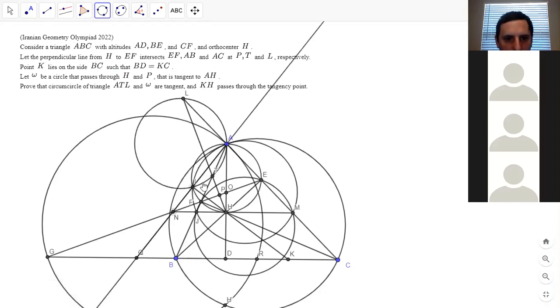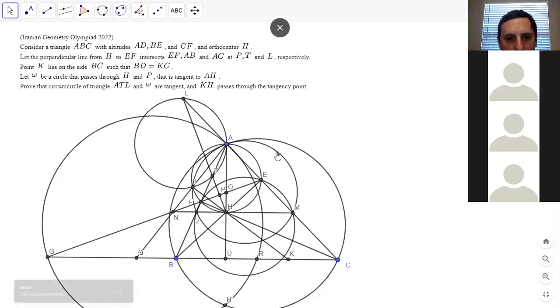I think we define I as the intersection of AH and omega, not ATL, because I think I used the fact that I lies on omega to prove that Q is the midpoint. Oh, so omega is this circle right here? Omega is the circle with diameter HN.